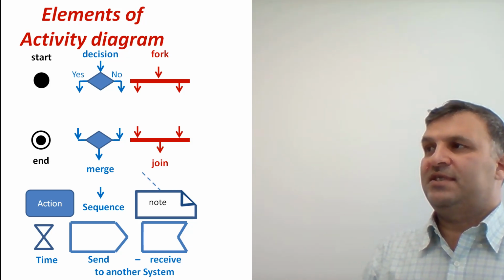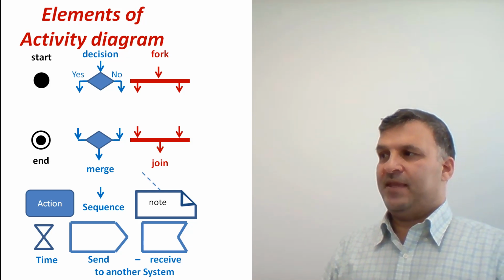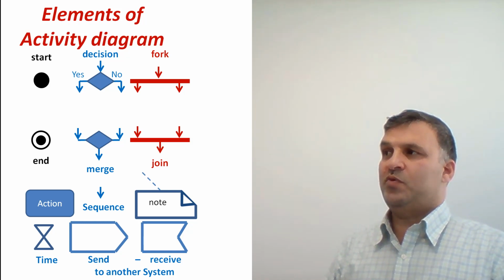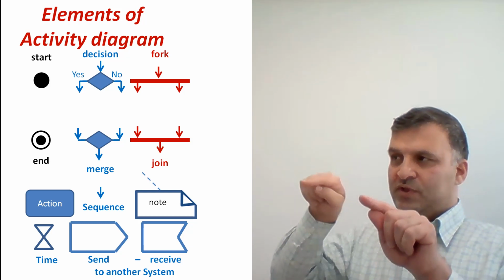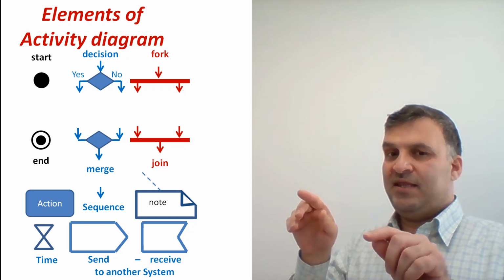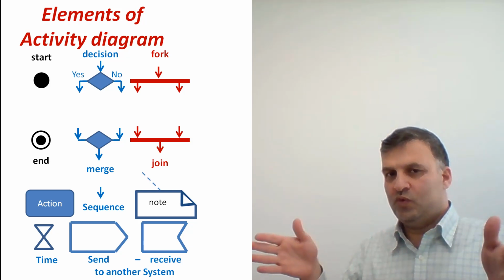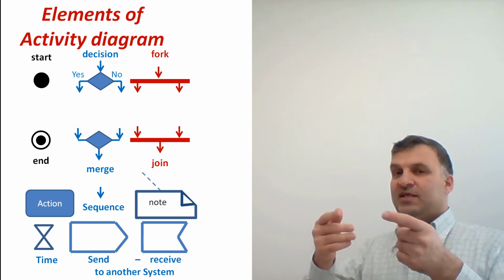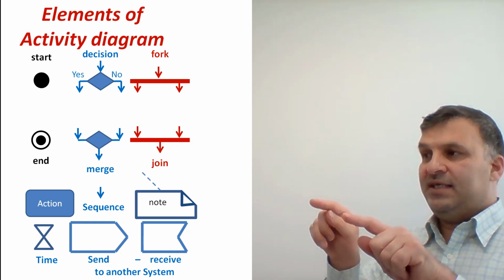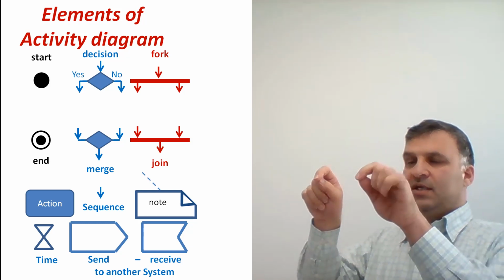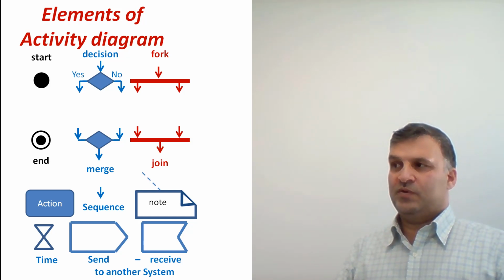Similar representation is for fork and join. For fork, it is a bar, and we have one input with two outputs. That means the path will be separated in two paths, and somewhere they should be rejoined again using the same symbol but with two inputs and one output.